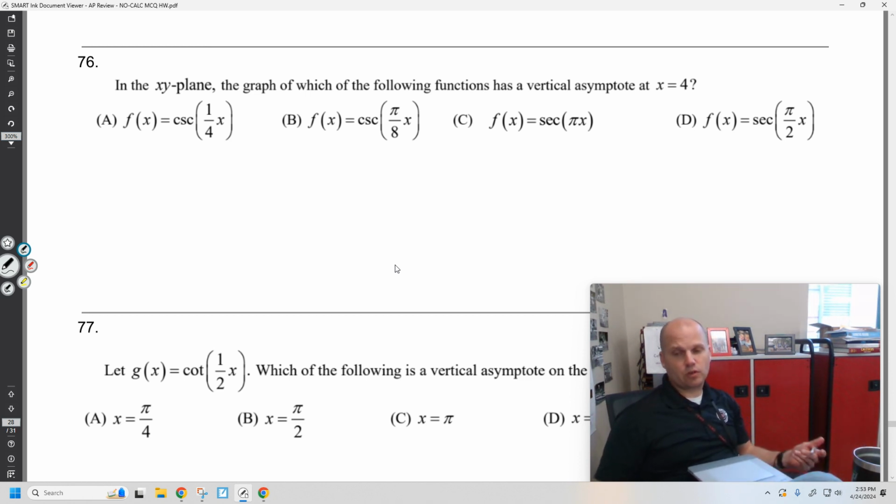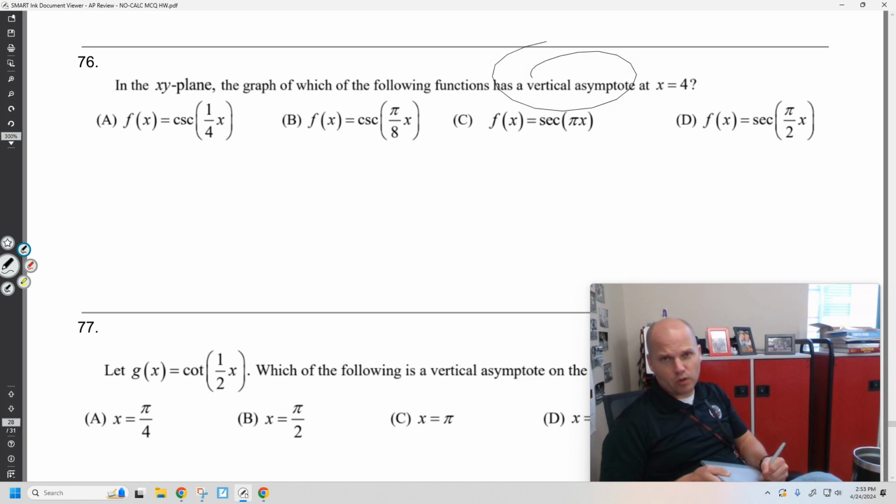Which one of these has a vertical asymptote? I don't want to sketch them all. But for a vertical asymptote, we're looking for some sort of number over 0. Cosecant of 1: first of all, you don't know what the cosecant of 1 is.